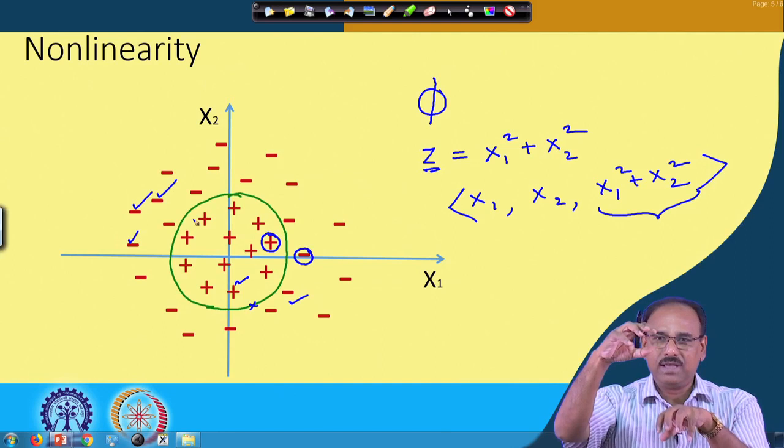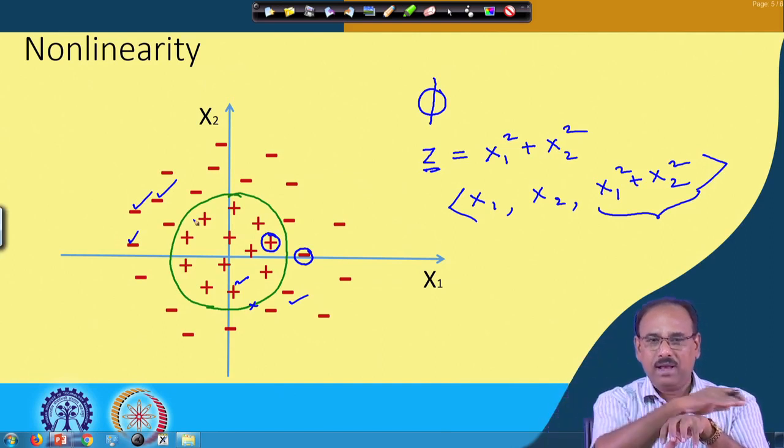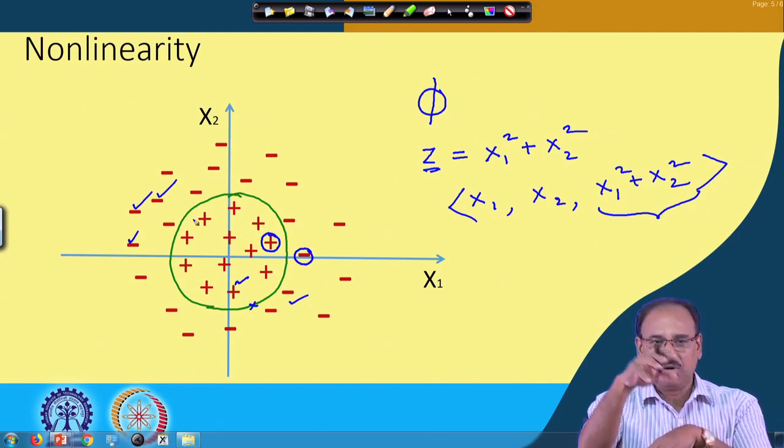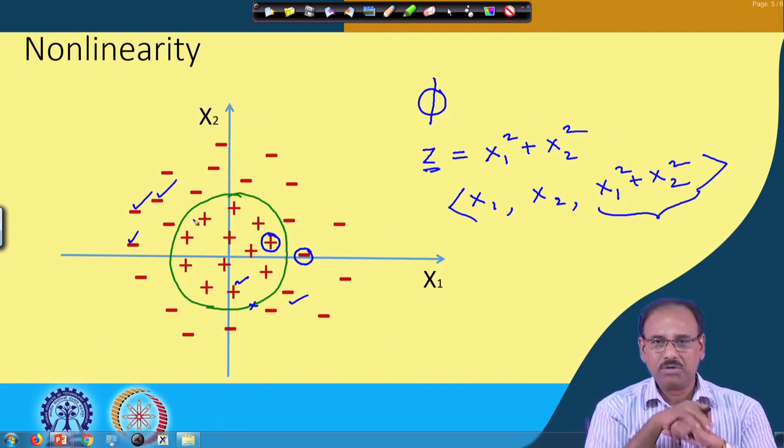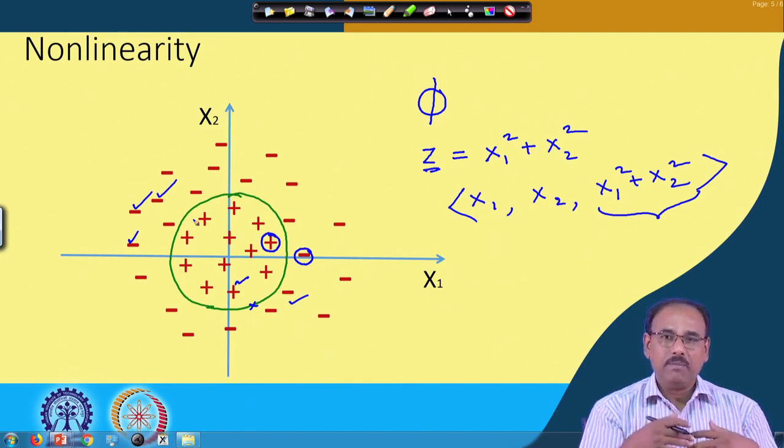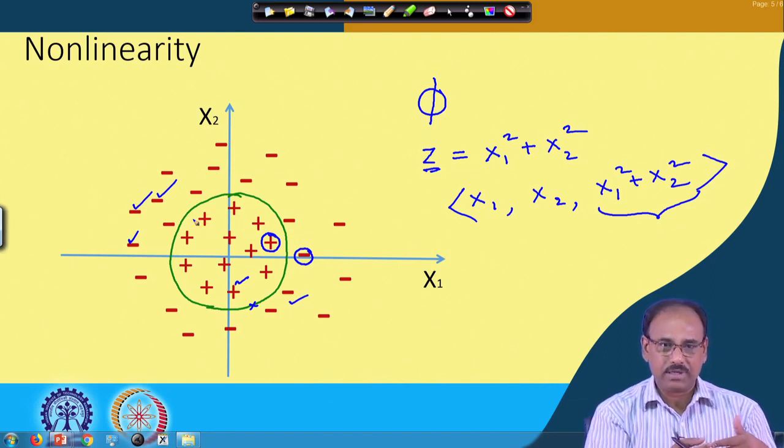So, once I have this, then I can always pass a plane in between, separating the feature vectors belonging to one class from the feature vectors belonging to another class. So, by this nonlinear mapping on the feature vectors, I am converting a linearly non-separable set of feature vectors to a linearly separable set of feature vectors.